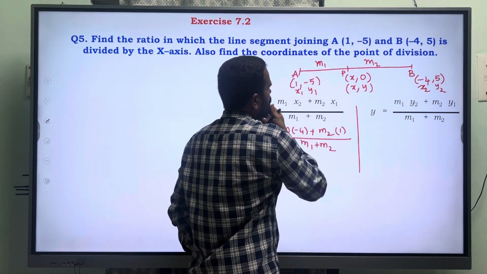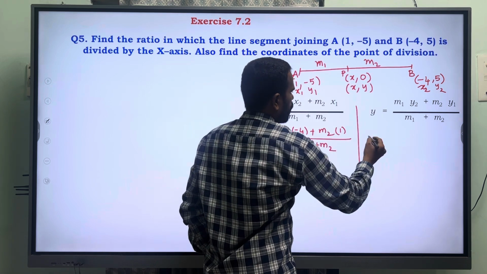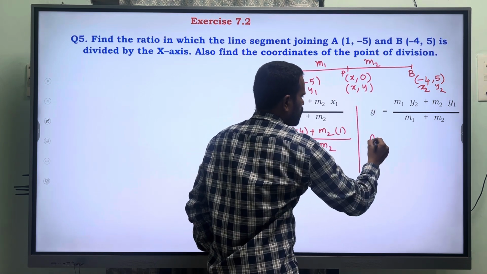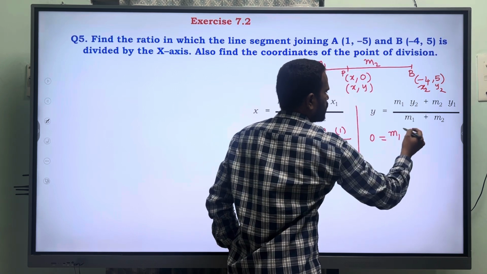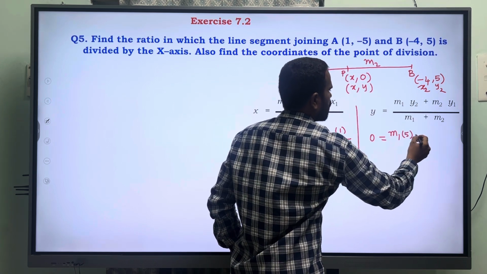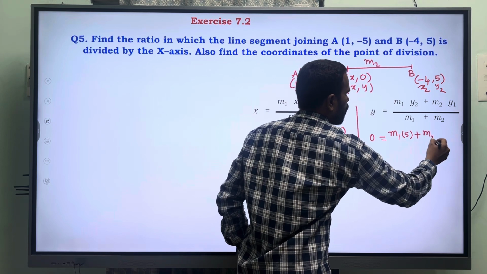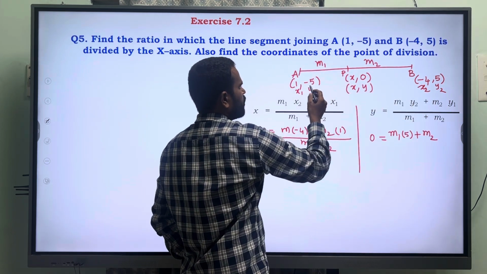Okay, next, what is the next thing? y value, how much? 0 is equal to m1 we don't know, y2 is 5, plus m2 we don't know, y1, what is the value of y1?